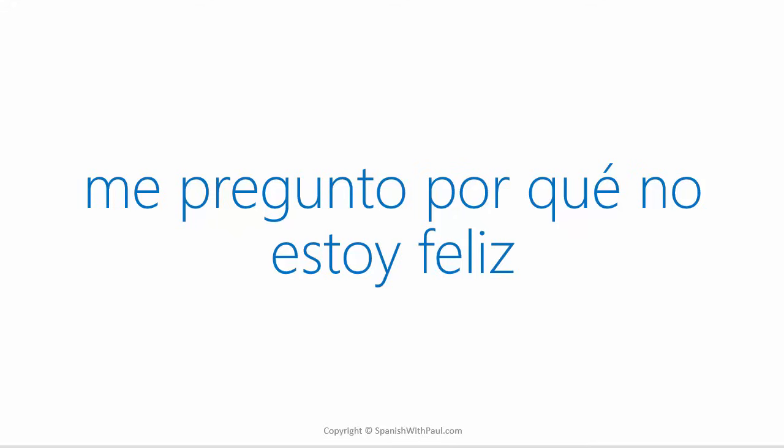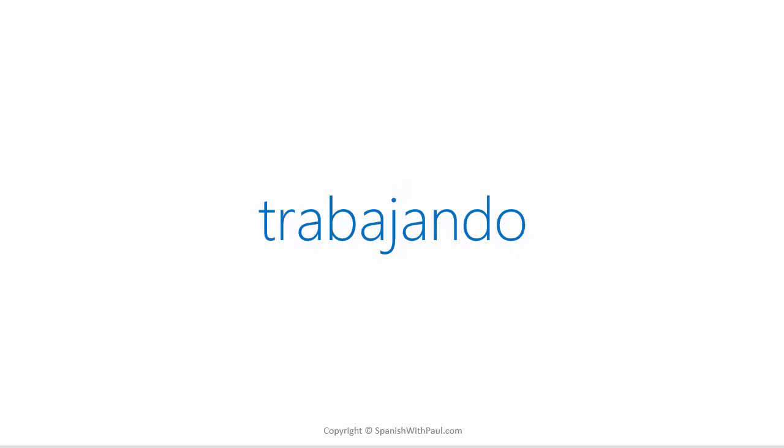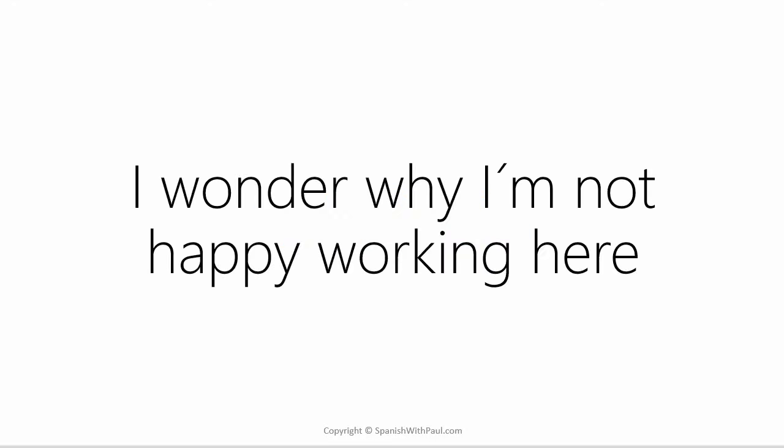How do you say working again? Trabajando. Now, you can use this just on its own. You don't always need to put estoy in front of it. Here's an example for you. How would you say, I wonder why I'm not happy working here?